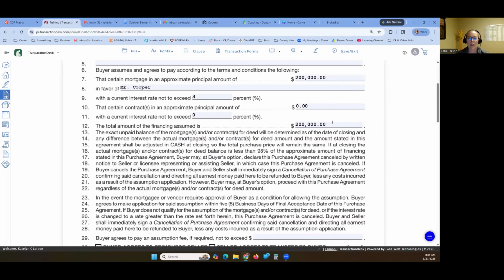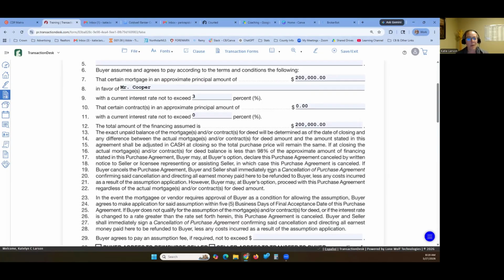So again, if the amount that you're given at closing for that assumed mortgage is 98% or less of the amount that you've put in on line 7, then your buyer has the right to cancel the purchase agreement.